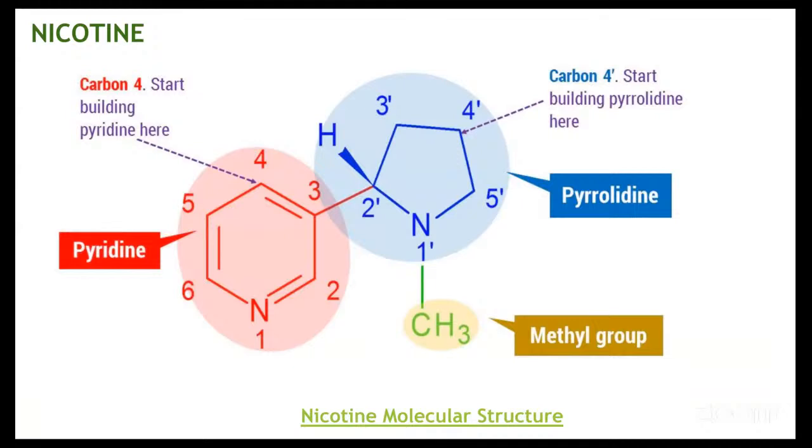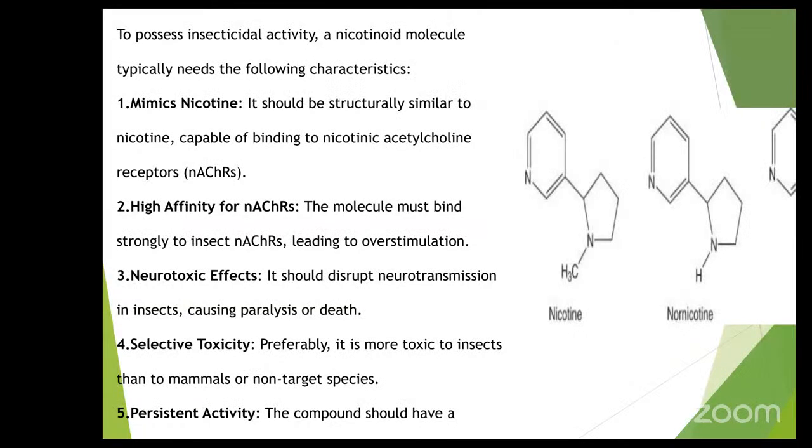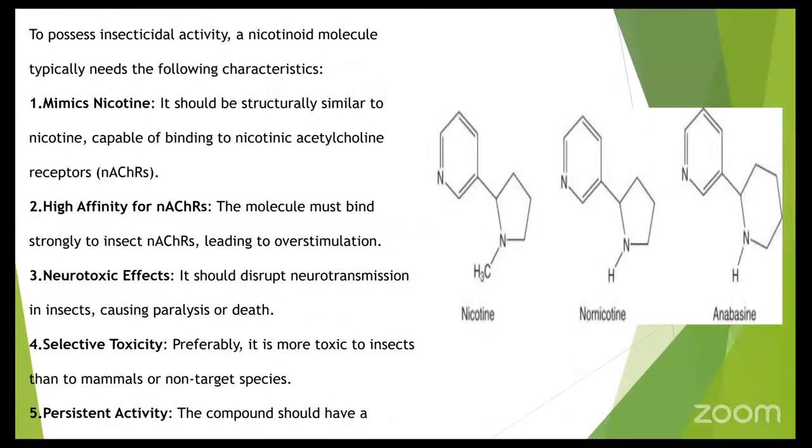Two other closely related compounds are nornicotine and anabasine. Anabasine and nornicotine, present in these plants, also have some insecticidal activities. So here you can see nicotine, nornicotine and anabasine. For the insecticidal activities they possess, they mimic nicotine. The compound should be structurally similar to nicotine and capable of binding to nicotinic acetylcholine receptors.